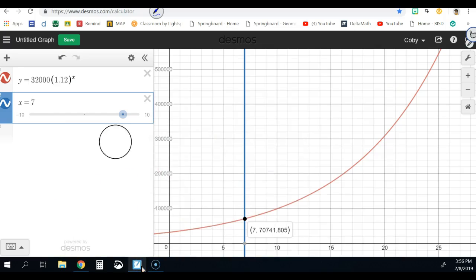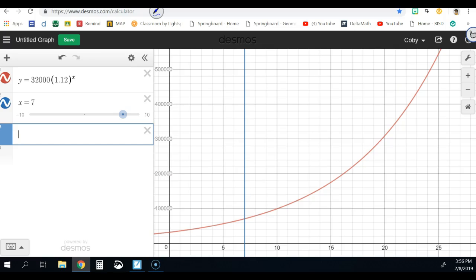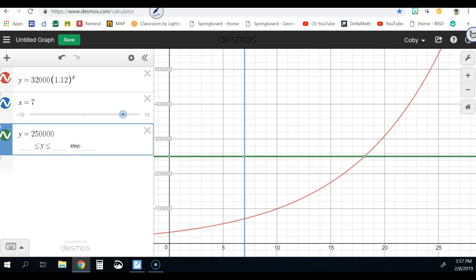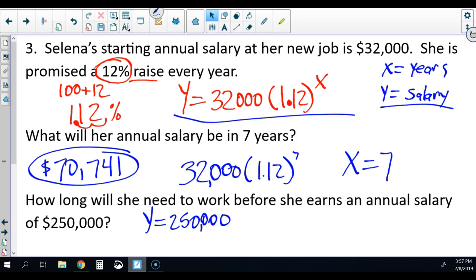We come to another equation here and graph y equals 250,000. No comma, I won't graph it, just put a comma in there. Look at the intersection point. In 18.1 years, she will be earning $250,000. So I'm going to say about 18 years.